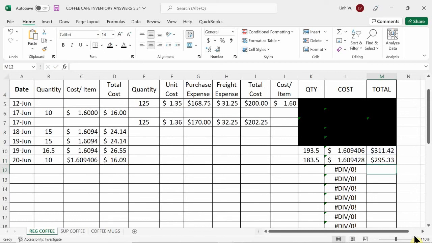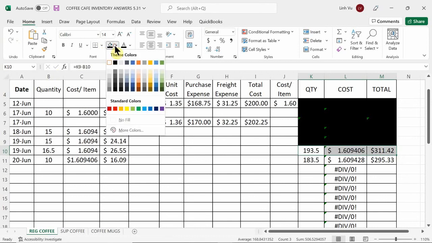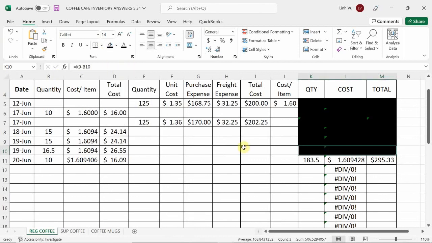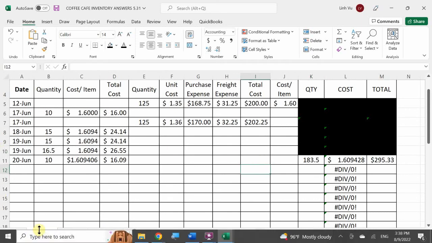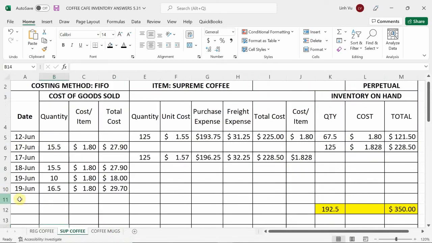295.33, which should increase your average cost per item. Okay. So again, you have $16.09 for the regular coffee.